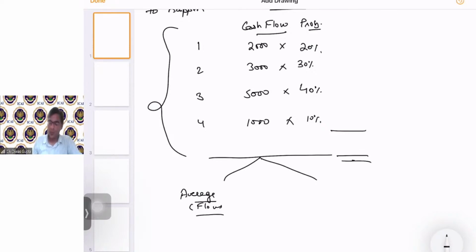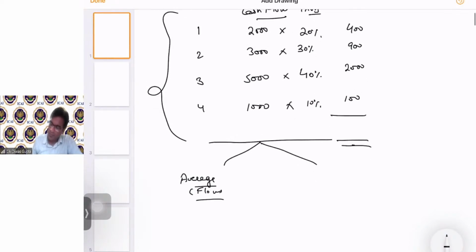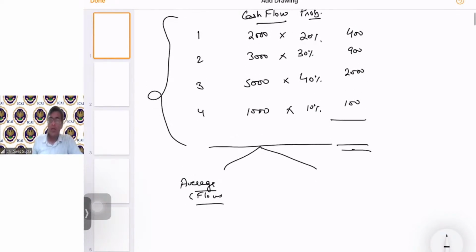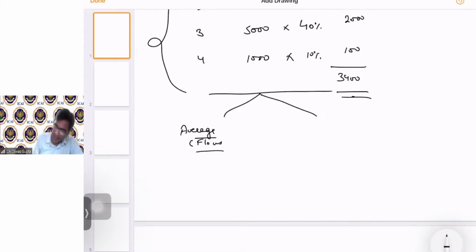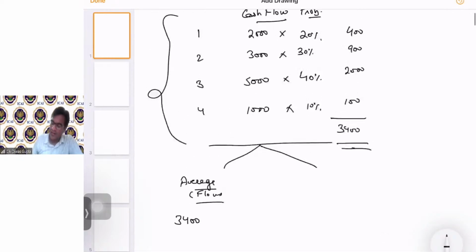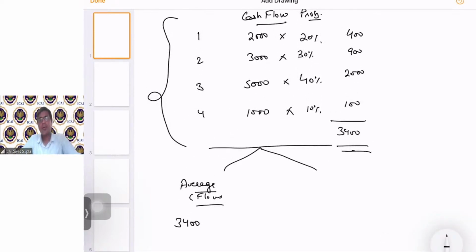So 2000 at 20% is 400, 3000 at 30% is 900, 5000 at 40% is 2000, and 1000 at 10% is 100. This comes to 3400. So we can easily calculate the average cash flow by multiplying with the probabilities.